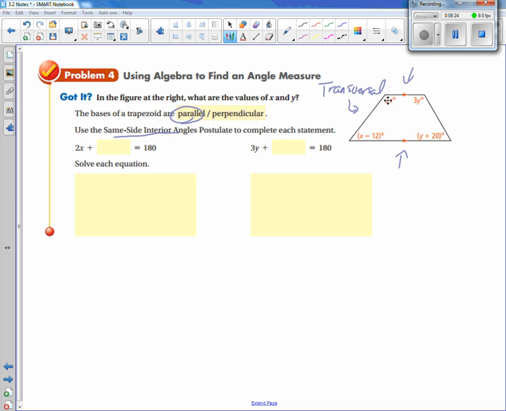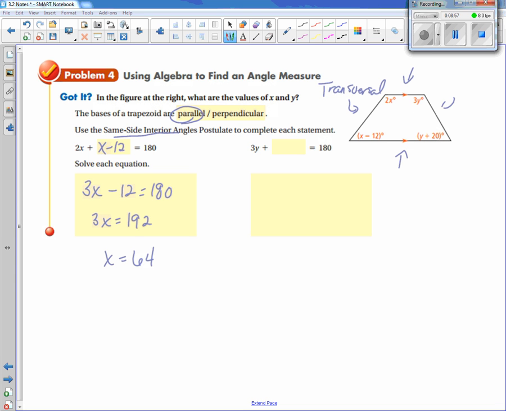So I can add 2x plus x minus 12 equals 180. That will give me 3x minus 12 equals 180. If I add 12, I'll get 3x equals 192. Divide by 3 and I'll get x equals what? 64.